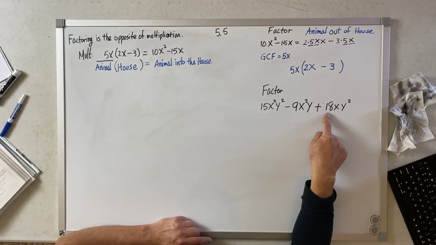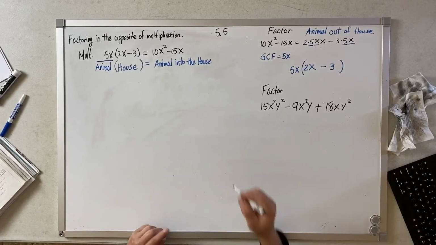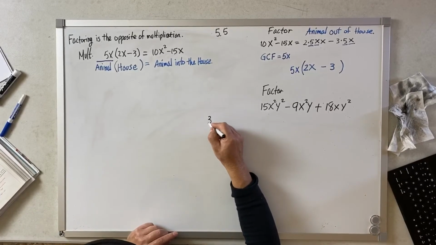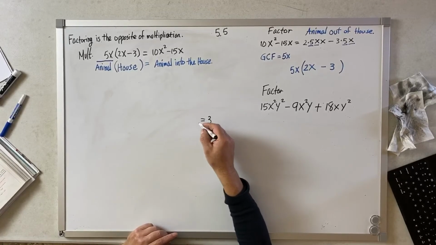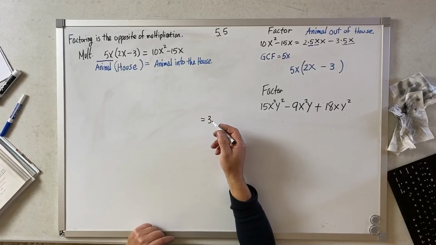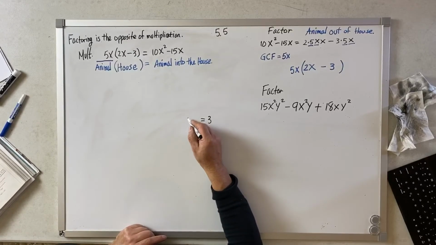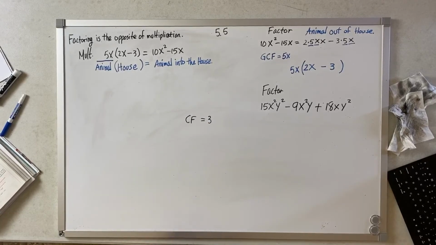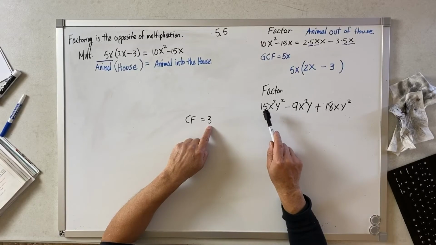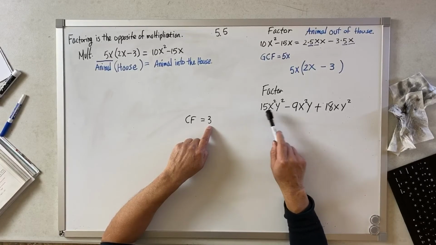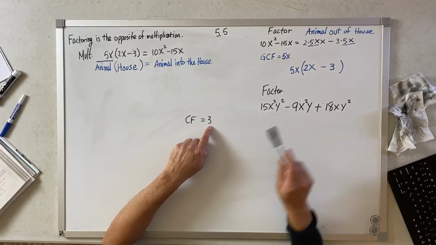What do the 15, the 9, and the 18 have in common? They have in common a 3. So right now, this 3 is part of the greatest common factor, but right now, we just call it a common factor. Note, 3 is in common to 15, 9, and 18.